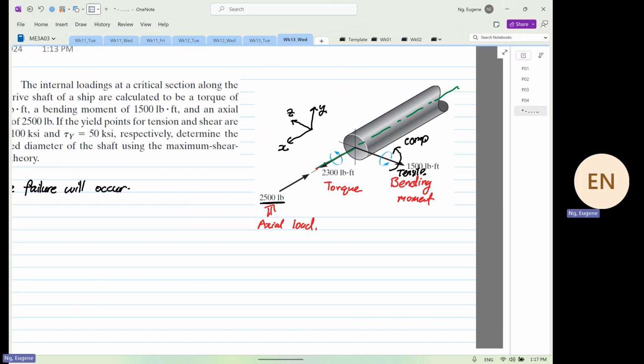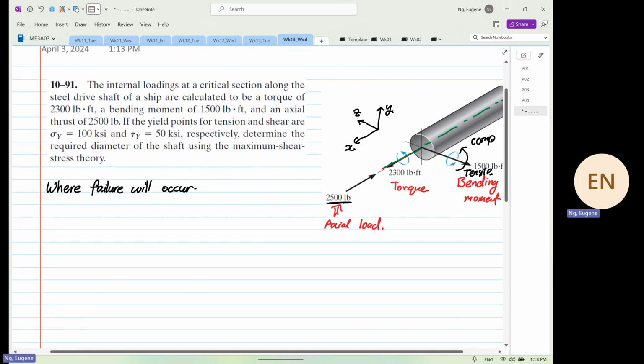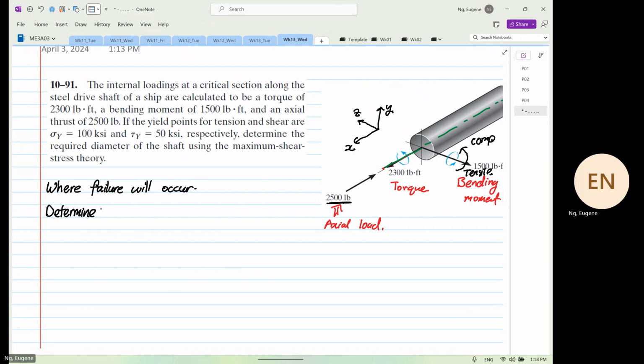So the element that we want to select must have the maximum compression stress. Well done. So the element we need to determine is the location where normal stress is at the largest magnitude.